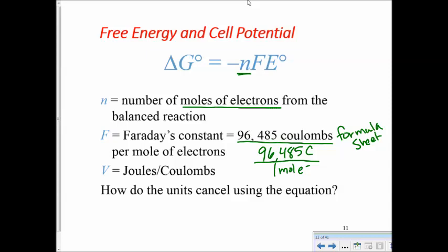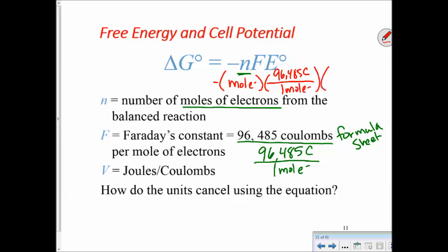Now, if we're going to be canceling our units correctly, because we know delta G is supposed to be in what? Kilojoules per mole or kilojoules. It can be, depending on how they cancel, but for the most part, yes, kilojoules per mole. But up here, we have our negative out front, moles of electrons, and we would have our 96,485 coulombs over 1 mole of electrons.